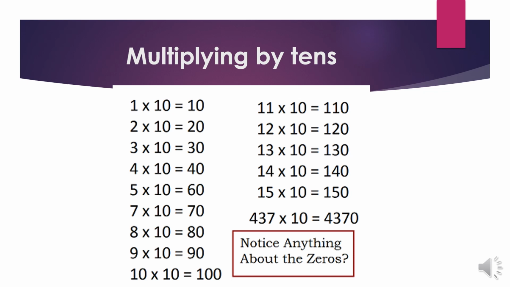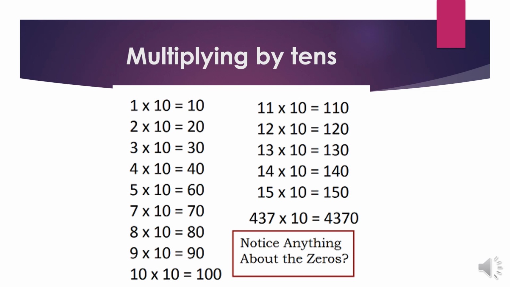For example, 10 times 1 is 10, 10 times 2 is 20, 10 times 3 is 30, 10 times 4 is 40, 10 times 5 is 50, 10 times 7 is 70, 10 times 8 is 80, 10 times 9 is 90, 10 times 10 is 100.